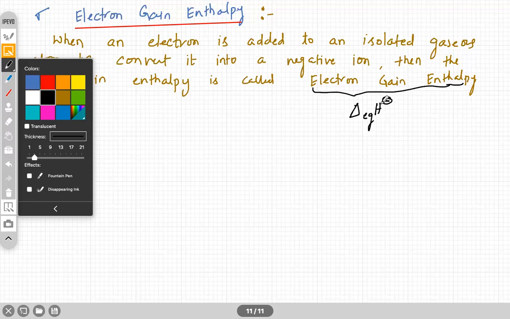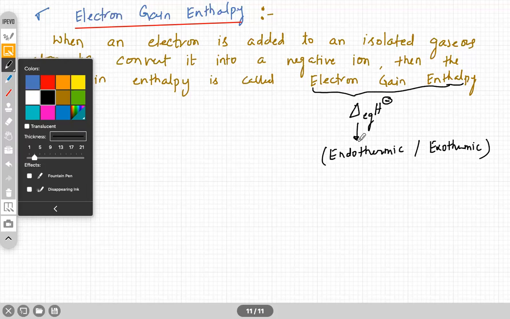This can be endothermic or exothermic, both.